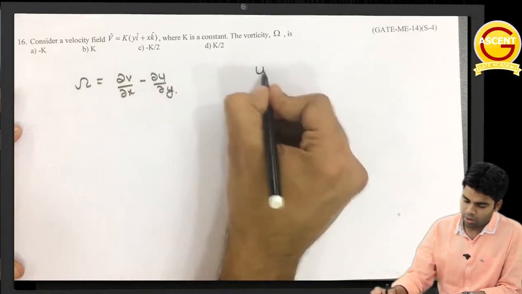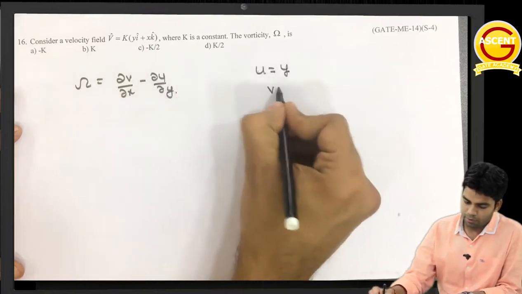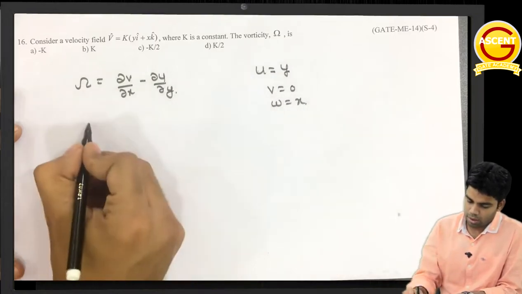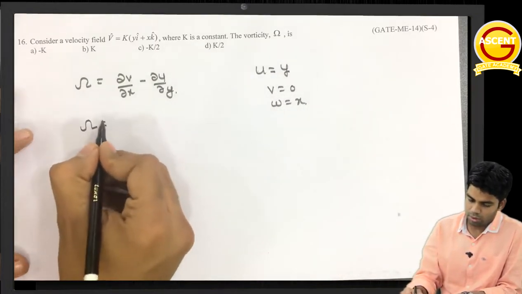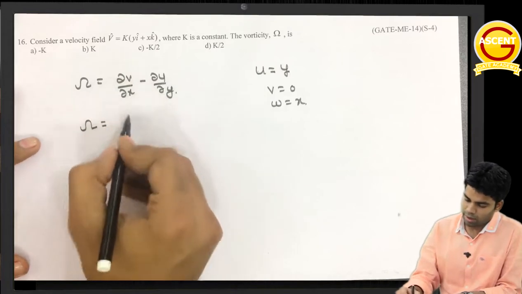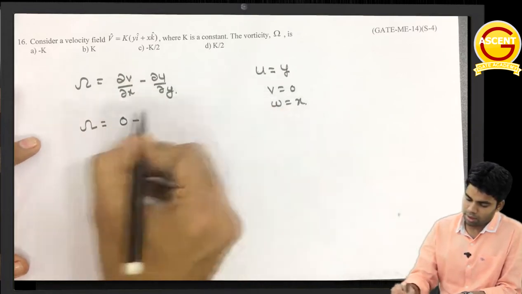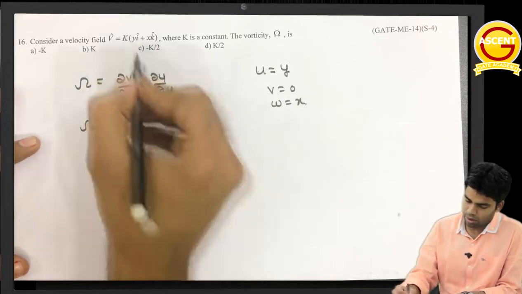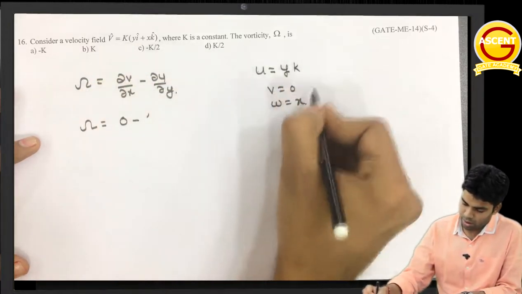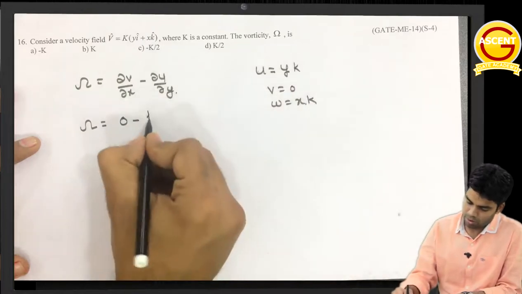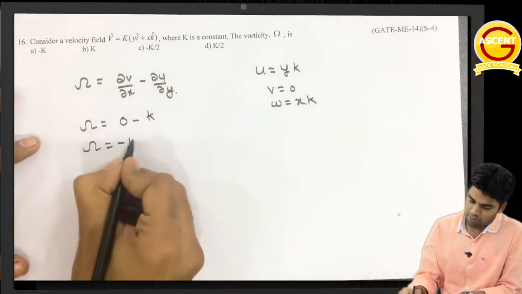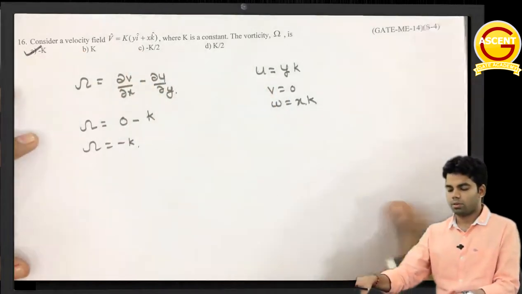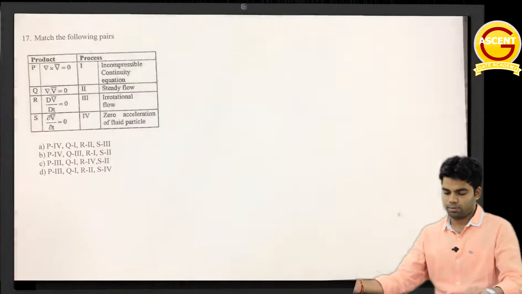Here u is equal to ky, v is equal to kx, and w is equal to 0. So the vorticity is del v by del x, which is k, minus del u by del y, which is k, so this will be minus k. So the answer should be minus k, option a. Clear or not? Okay, next question.